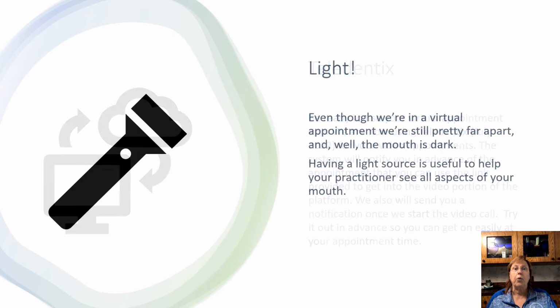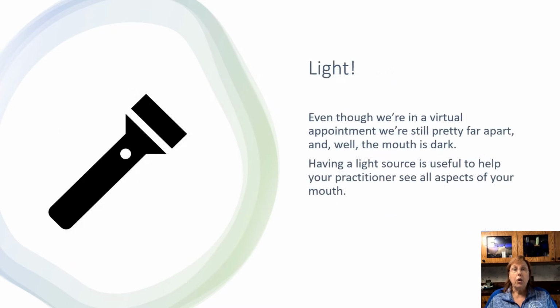What happens very often is that your mouth is kind of dark in the first place, and then you're in a darkish room or a moderately lit room, and we need extra light on your mouth. So you can use your cell phone light, you can use a desk lamp, or you can use a window.